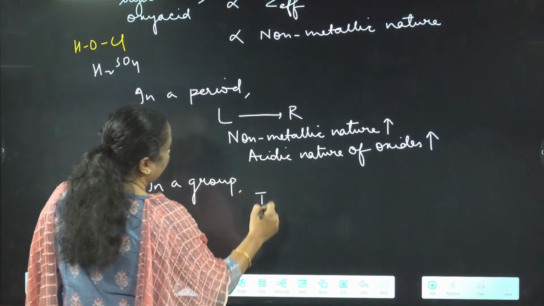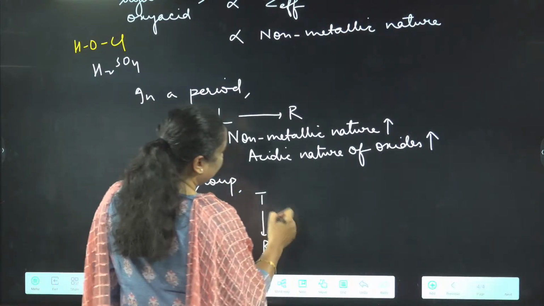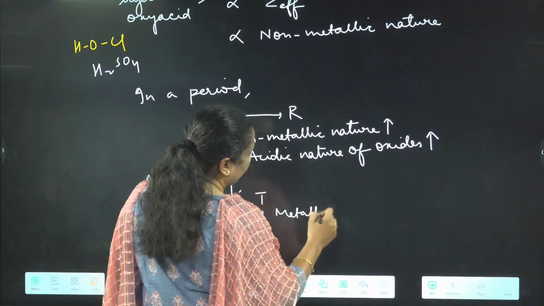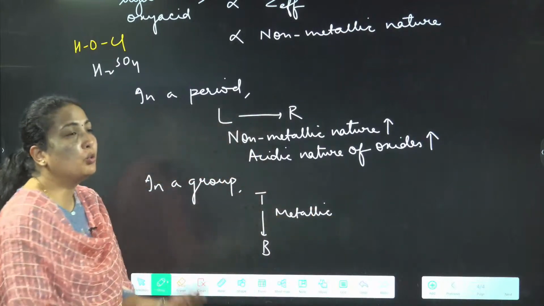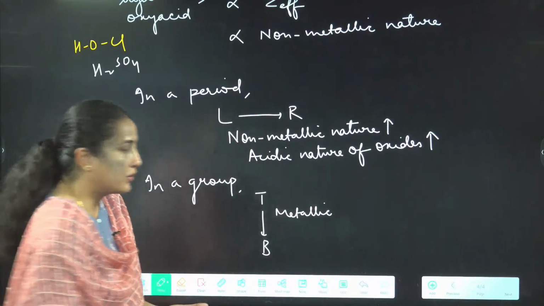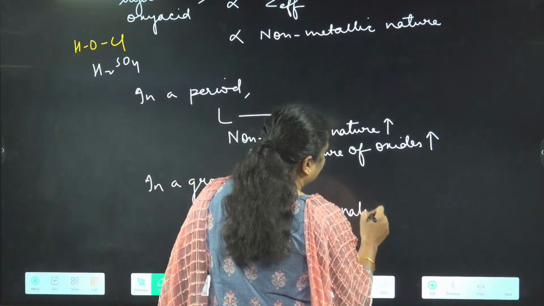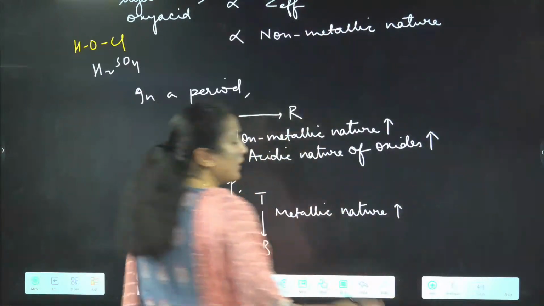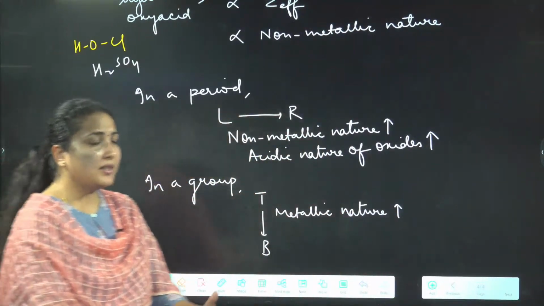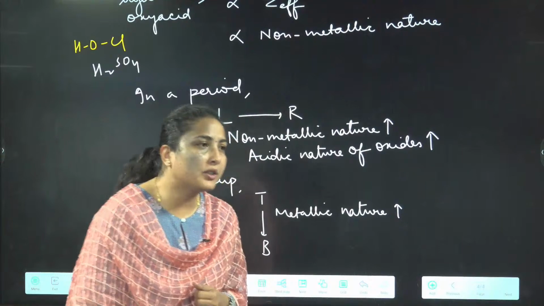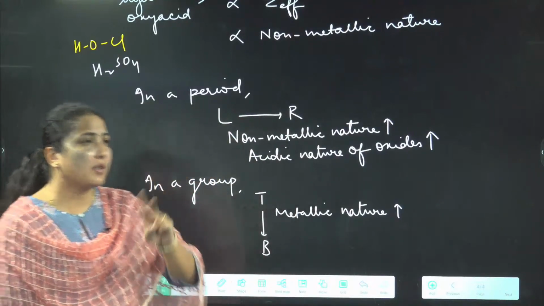Similarly, in a group, top to bottom, the metallic character increases, right? It becomes easier to lose electrons rather than to gain electrons. In general, electronegativity decreases, so electropositivity is going to increase, and always these two things are inversely related.